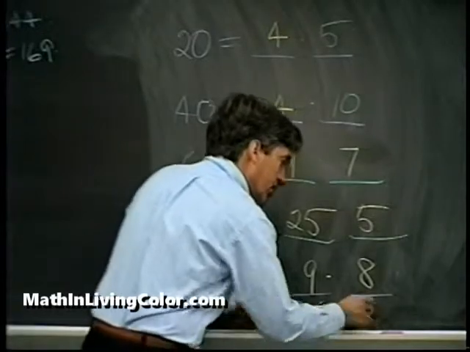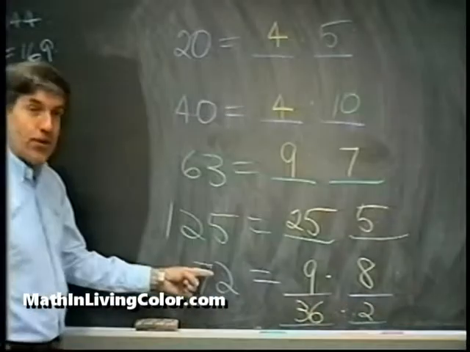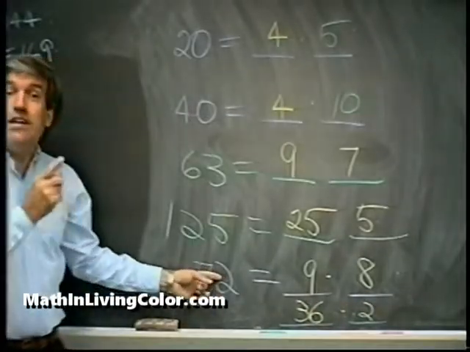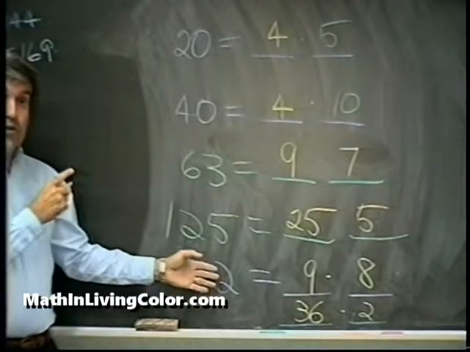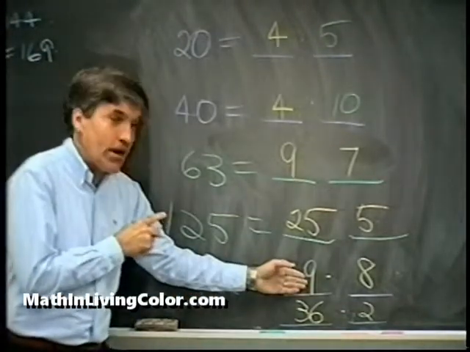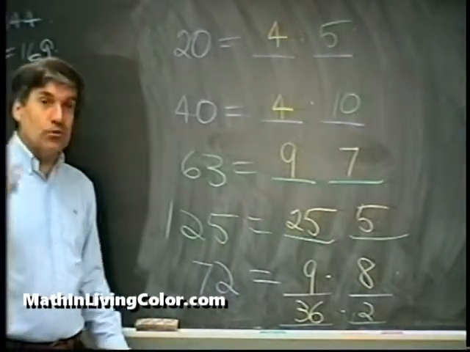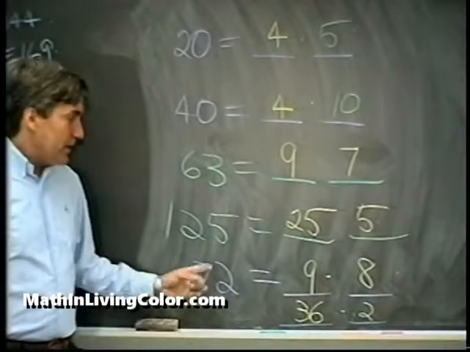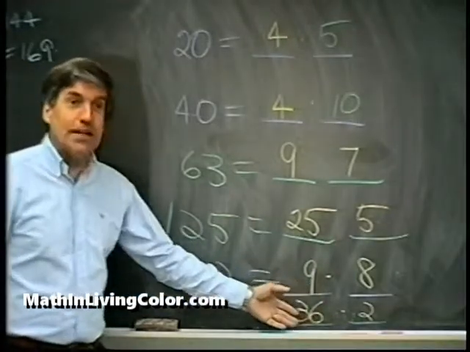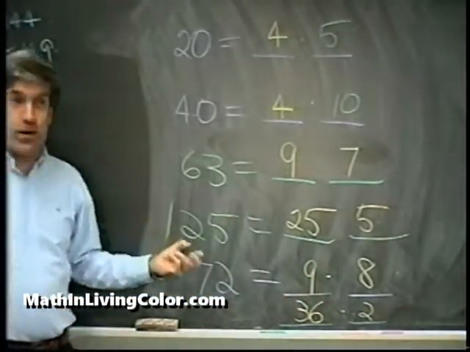In other words, here is one of these problems where there might be more than one way to have a perfect square times another number. But I'll tell you what, for the problems that we're going to do in the future, the best combination is going to be to get the largest possible perfect square.